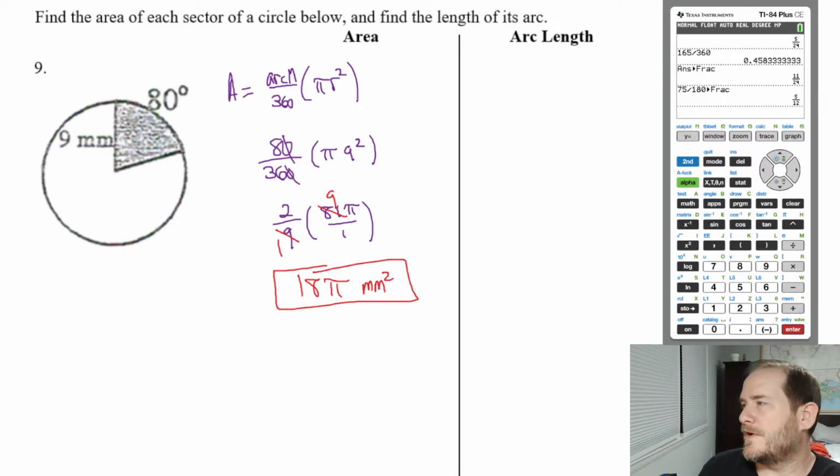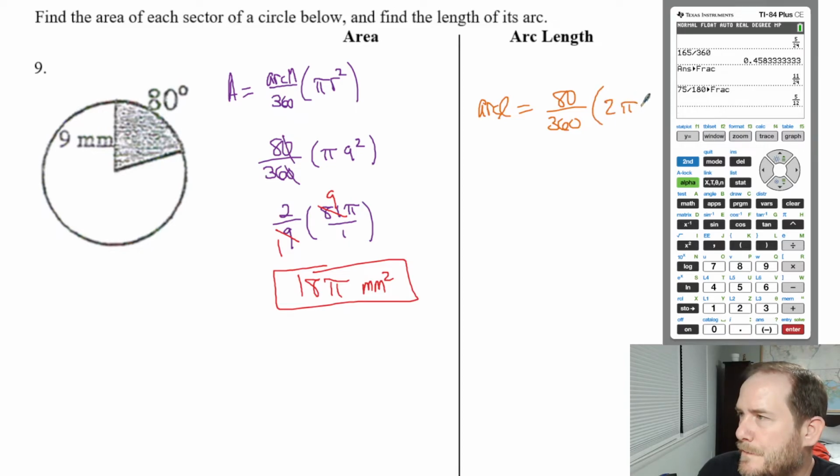Then when we switch over to arc length, we're going to say arc length equals the arc measure, which is 80, divided by 360 times 2 pi r, and the radius is 9. So this fraction is going to boil down to the same 2/9 that it boiled down to before, and we want 2/9 of 18 pi.